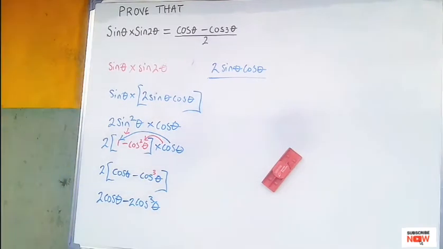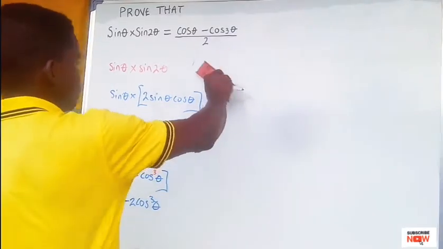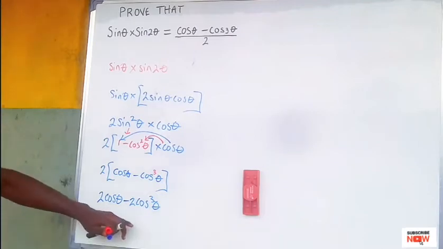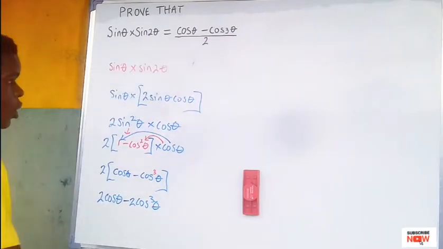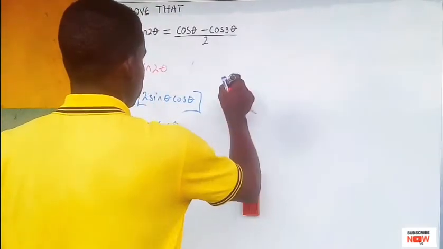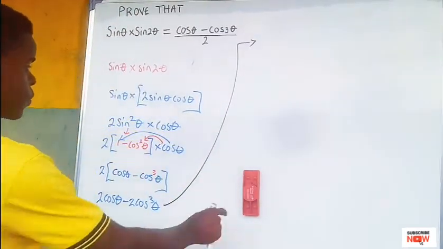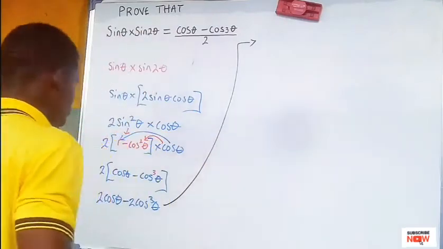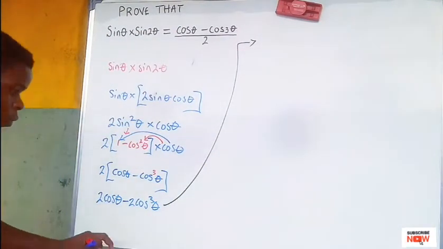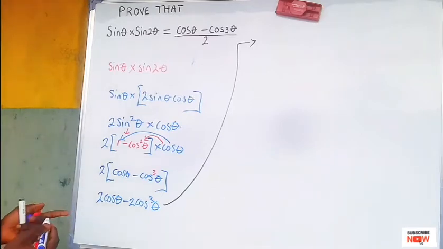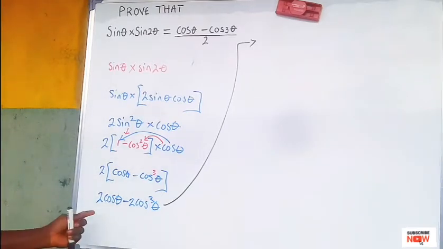So we reached a certain point. Now, what is cosine cubed theta? We still have to evaluate this. Our emphasis here is to note what cosine cubed theta is, because if I substitute something for it, I can solve this.